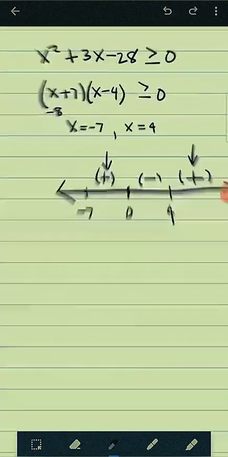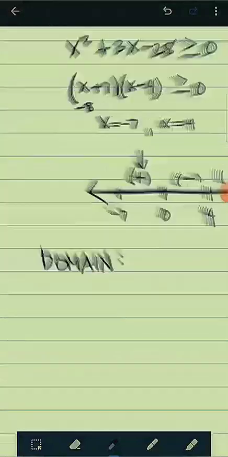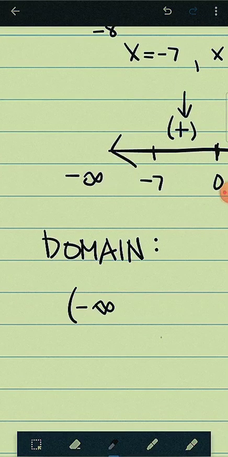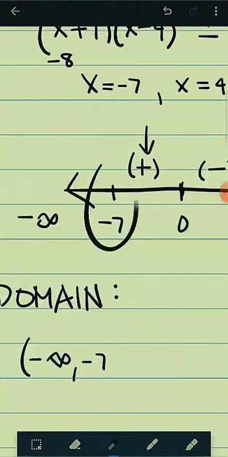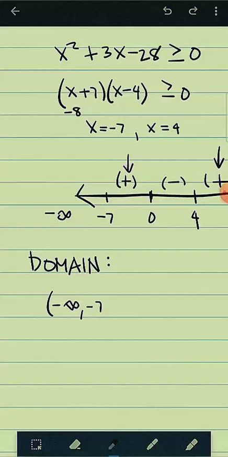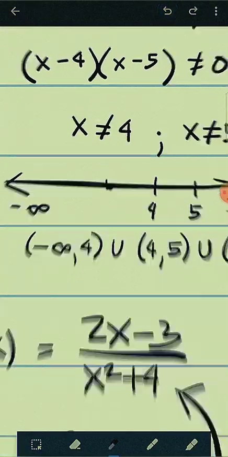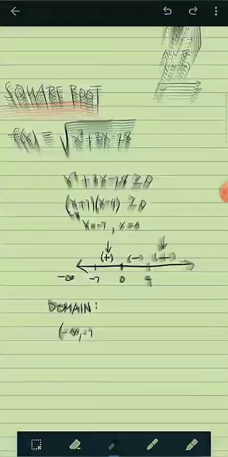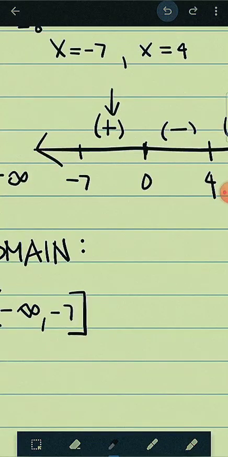So now, how do we write our domain in interval notation? It starts at negative infinity, going to -7. Since -7 is included, unlike in the previous example, we write a bracket, and infinity gets a parenthesis.